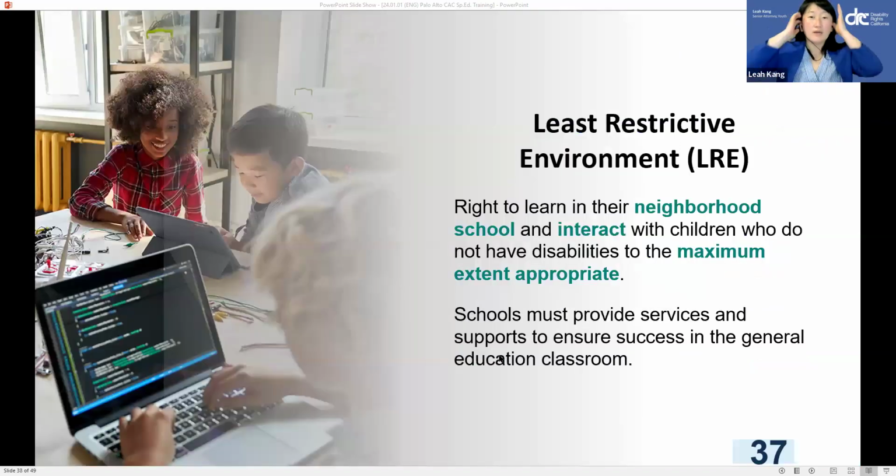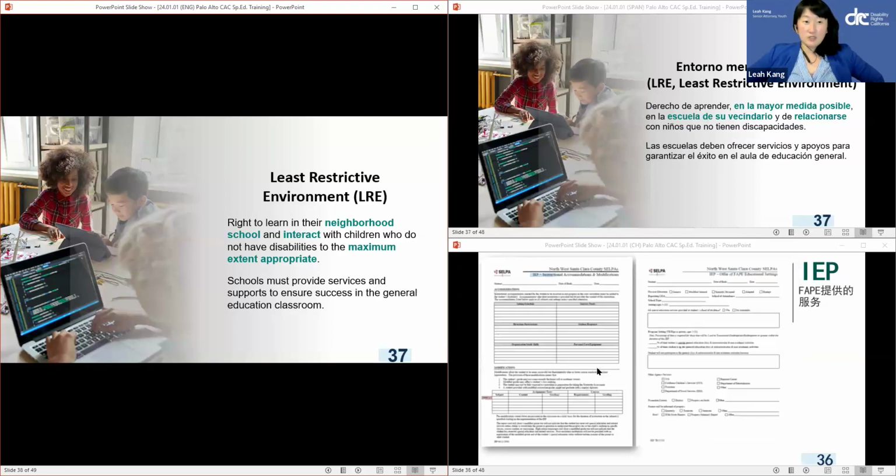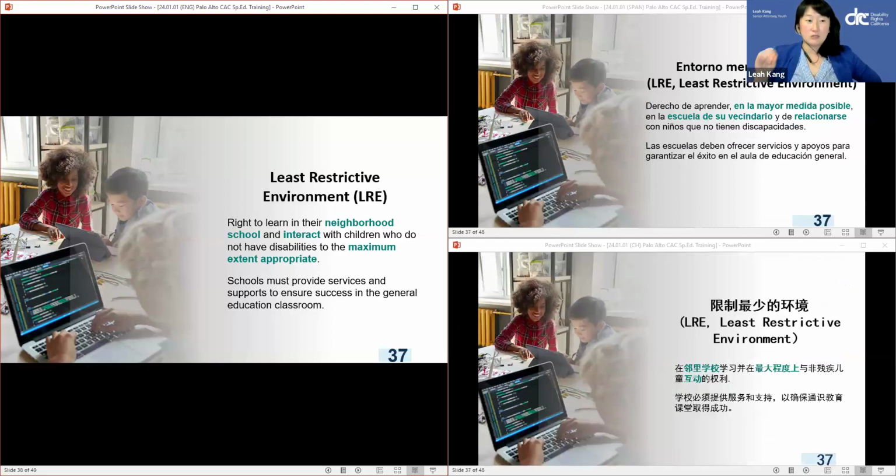So as Gabriella just mentioned, we have a slide here about least restrictive environment just because it is so important. The way that it's defined in the law is that every special education student has a right to learn in their neighborhood school and interact with children who do not have disabilities to the maximum extent appropriate.